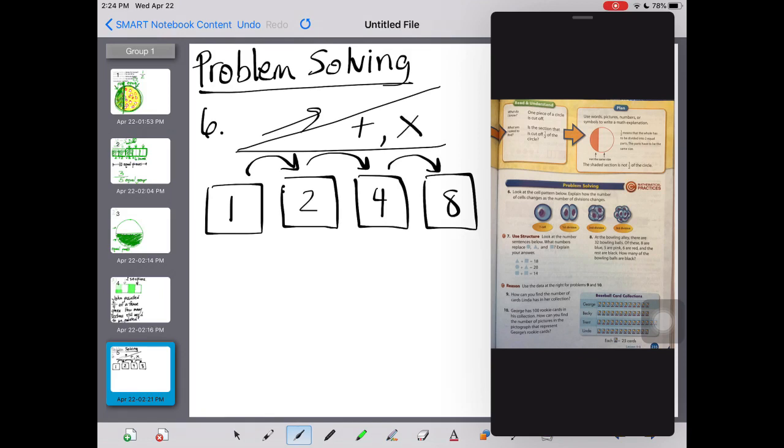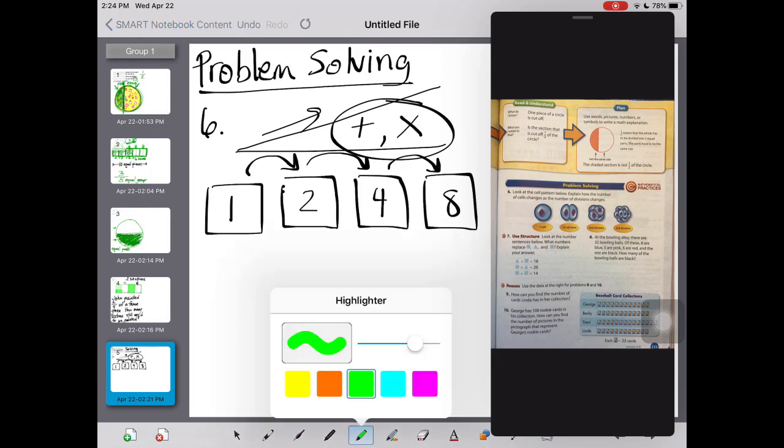We could also be multiplying, which increases as you move on too. I wouldn't be thinking of subtraction or division, because subtraction takes things away, and division takes a large number and divides it up into smaller numbers. So that's not what I'm looking at here. So we're looking at multiplication or addition.